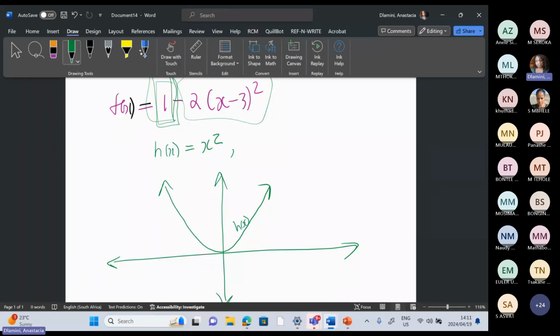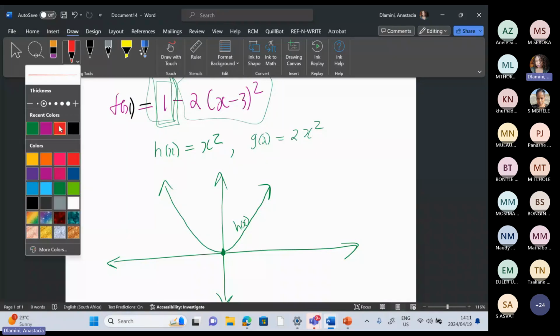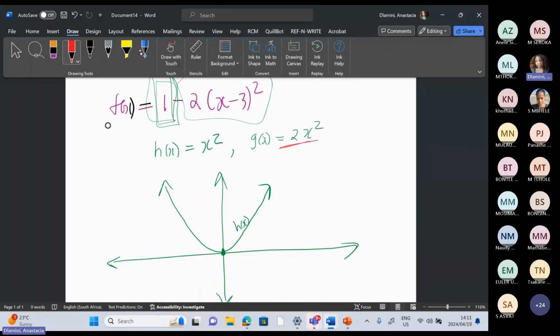Let's call it g of x, 2 times x squared. Do you see that? And if you multiply by 2, let's put points. So this is 0 and 0, and this is -2 and 4, and this is 2 and 4.